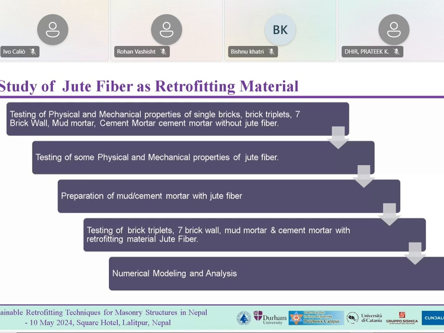Right now we are almost done getting the mechanical properties of these bricks without mortar, without jute fiber mortar. Next, we'll be testing the mechanical properties of the jute fiber. Then we'll prepare jute fiber mortar and apply it to the same type of specimen and test again. Then after we get all these mechanical and physical properties, there will be numerical modeling.